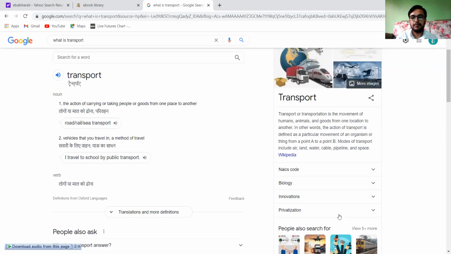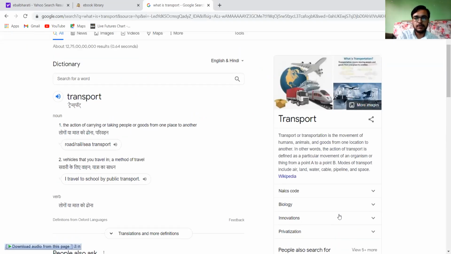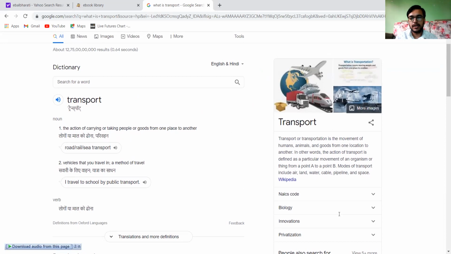Now let's see an example here. Transport or transportation is the movement of humans, animals, and goods from one location to another. In other words, the action of transport is defined as the particular movement of organisms or things from point A to point B. Right. Modes of transport include air, land, water, cable, pipeline, and space.